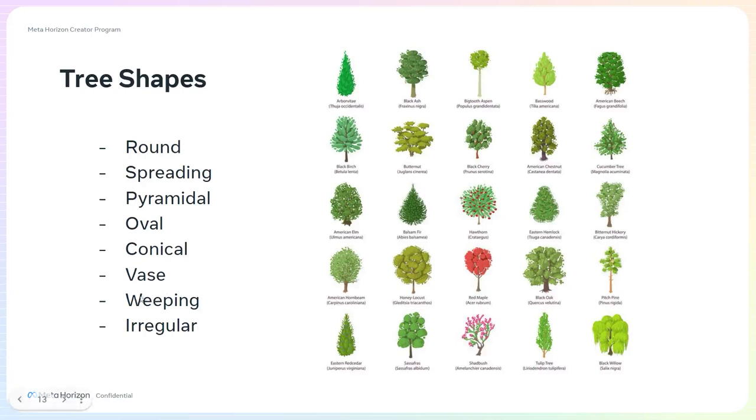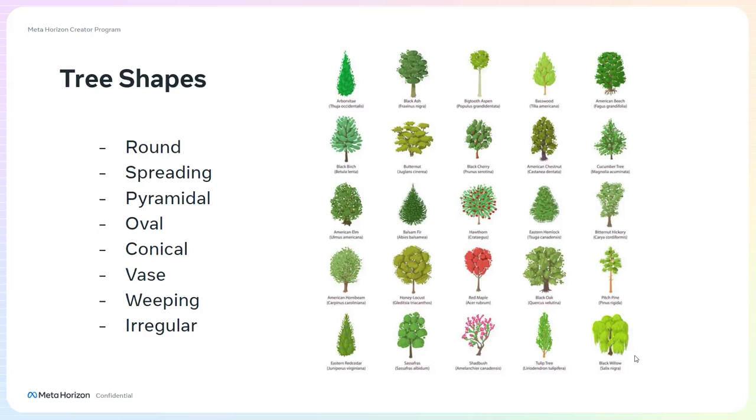You have your vase tree, which is what it sounds like. There's no example here, but it's sort of like an inverted pyramid, which is pointing down. And then weeping, which would be the weeping willow trees. They're very weighted down here at the bottom.